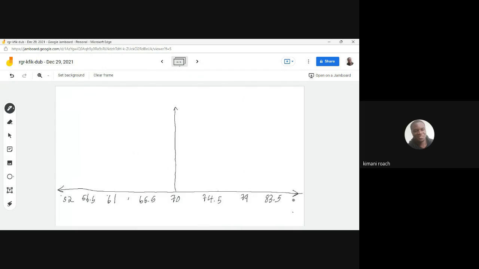Here we are. And of course, we want to sketch as much as we can our normal distribution curve.